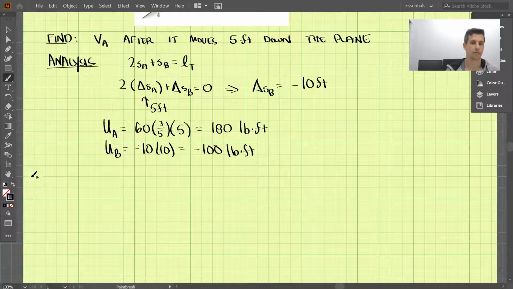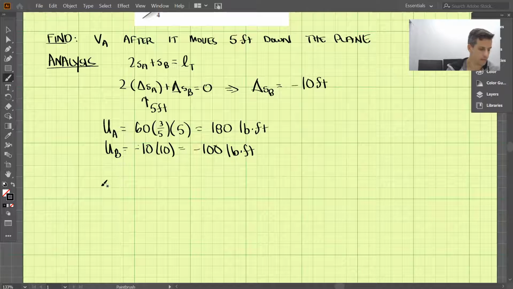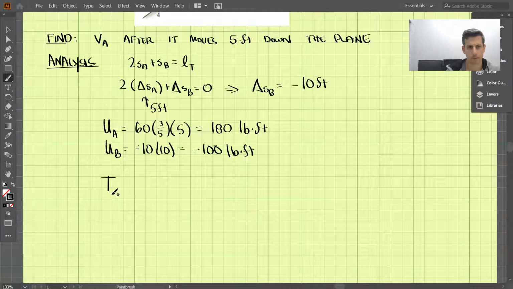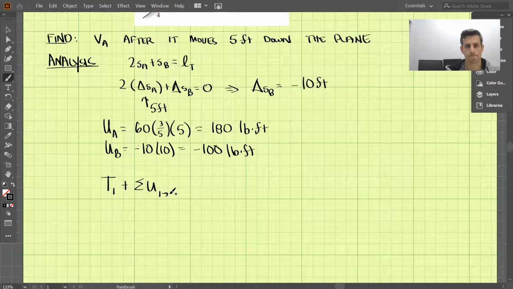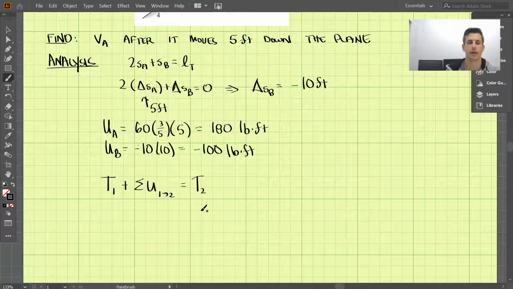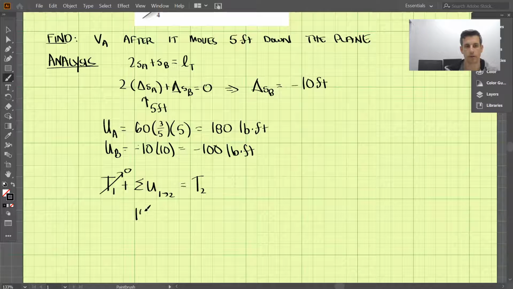Okay, so we have the work from A and B, and so we can use our equation. Kinetic energy at state 1 plus the work being done from state 1 to state 2 equals the kinetic energy at 2. We know this starts from rest, so the kinetic energy at 1 is 0. And then we have our work being done, which we just figured out, 180 plus negative 100, or just 80.